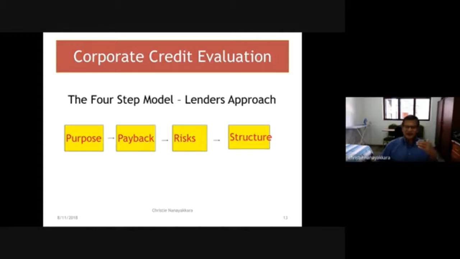One good thing in corporates is that their financials you can rely on. The financial documents you collect from a corporate will be audited. So you collect audited financials.